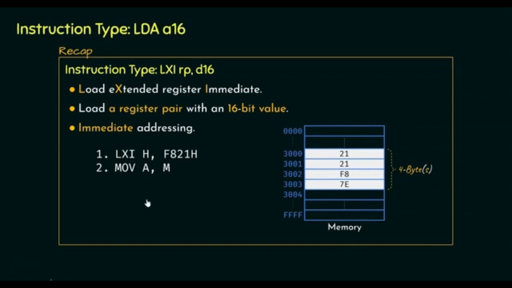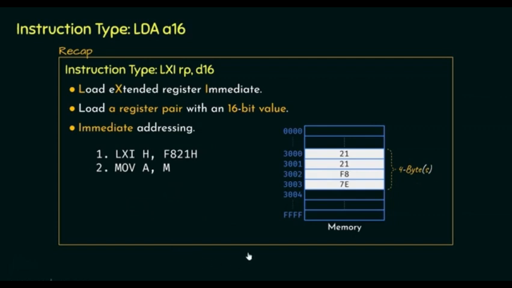Now notice, we were providing the address ourselves, and thereafter we were instructing the microprocessor to move the content inside the accumulator register from that particular memory location. Instruction-wise, we used 2 instructions, and in the memory, we occupied 4 bytes in order to store these 2 instructions.